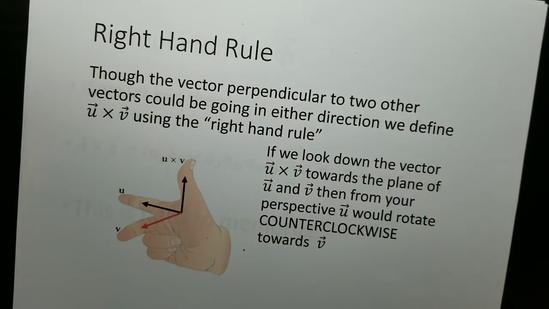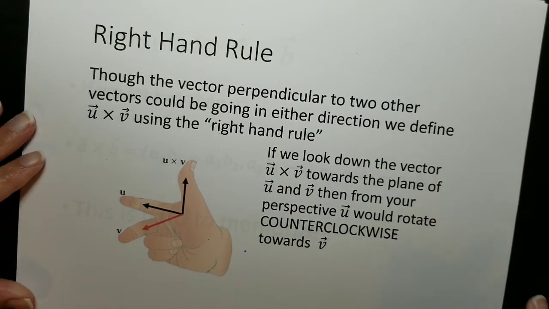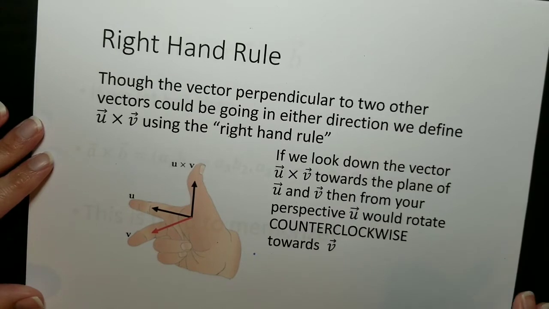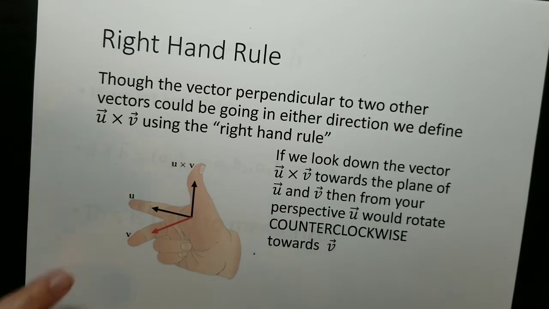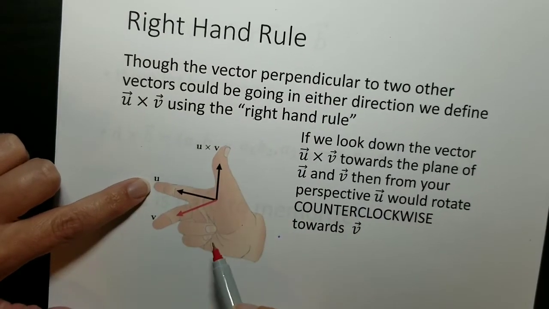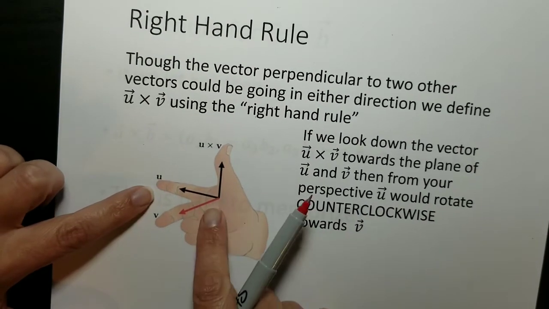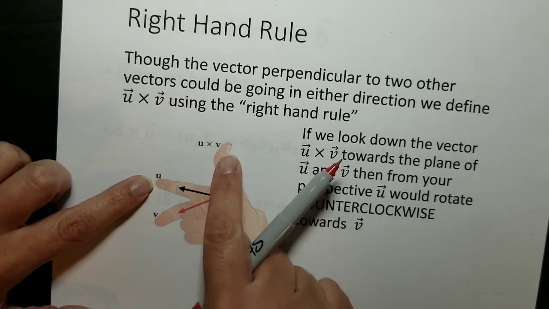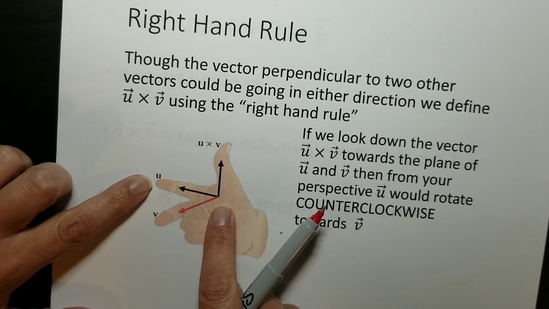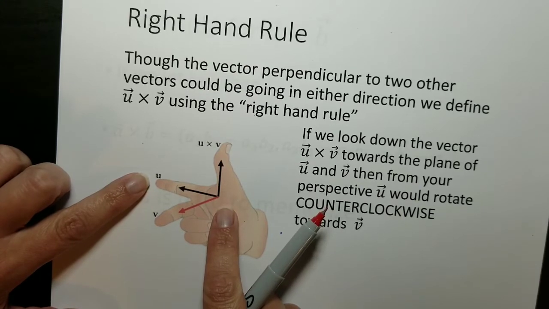One last thing before we finish: there is something called the right-hand rule. This is kind of a diagram, or I can just show my own hand under the camera. The vector that's perpendicular to the other two vectors could be going in either direction. It's arbitrary.